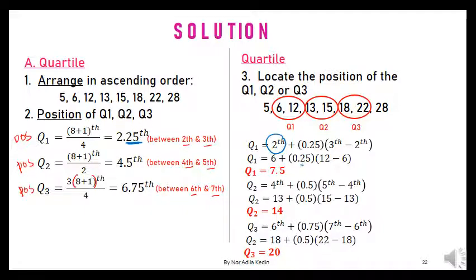Median 4.5 bermaksud dia di antara 4 dengan 5. So, observation number 4 tambah 0.5. Kenapa 0.5? Sebab dia 4.5. Darab dengan observation kelima tolak observation keempat. Dia dapat 14. Untuk this one, third quartile 6.75. So 6 observation tambah dengan 0.75 darab dengan observation ke-7 tolak ke-6.